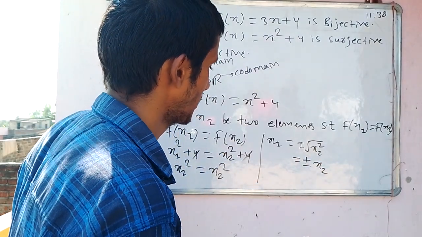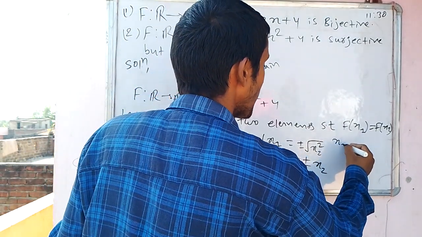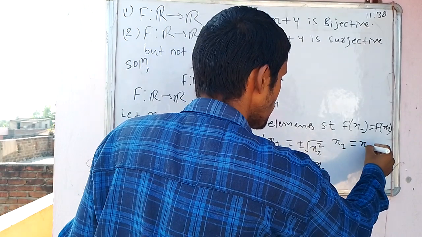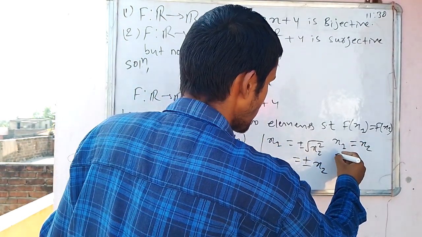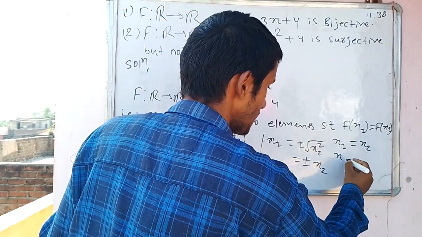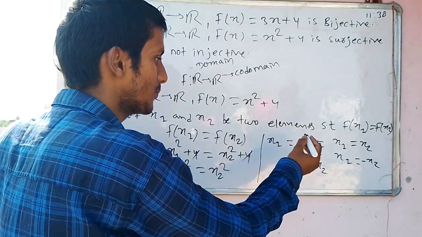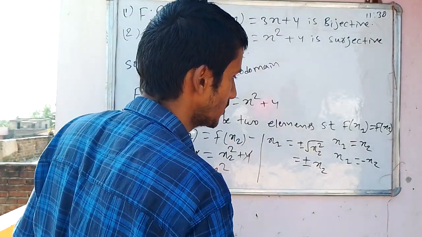So it means that if you pick an x1 which is equal to x2, and if you pick another x1 which is equal to minus x2, then they both give you the same answer, meaning the output will be equal.